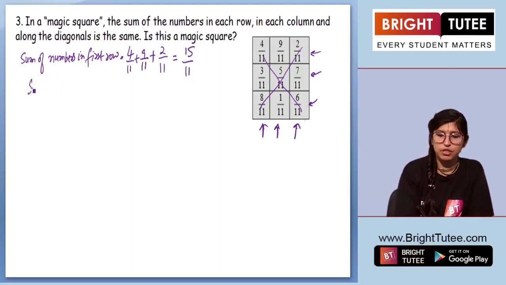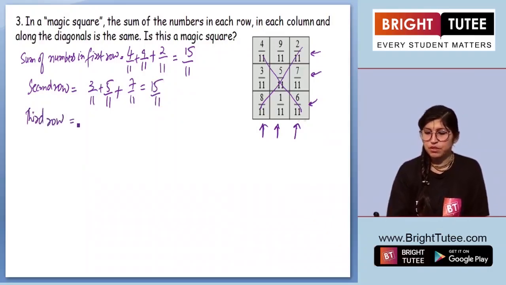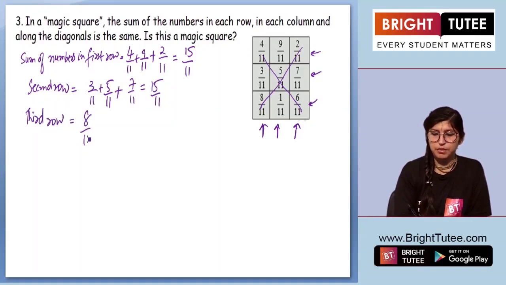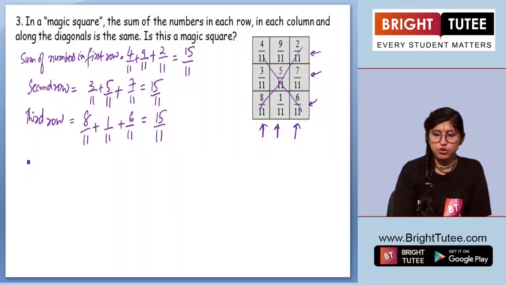Now again the sum of the numbers for second row. So we have 3 by 11, we have 5 by 11, we have 7 by 11. Adding all the numerators, we'll be getting 15 by 11. Let's move on to third row. 8 by 11. All the three rows get the same sum. Let's move on to columns now.